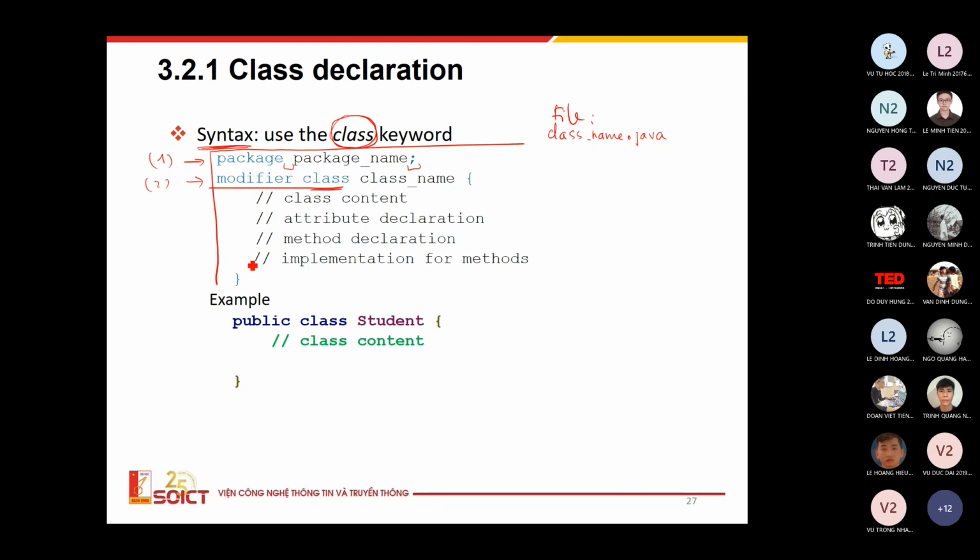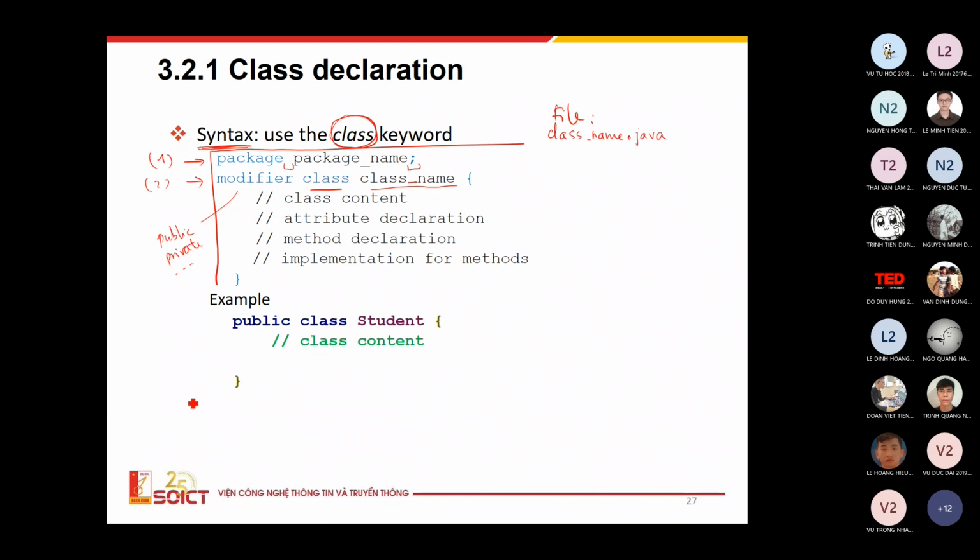You use the keyword class. And before it you declare the modifier, which can be public or private, for example. By now you know about these two modifiers. And then you declare the class name. This is the definition of your class.